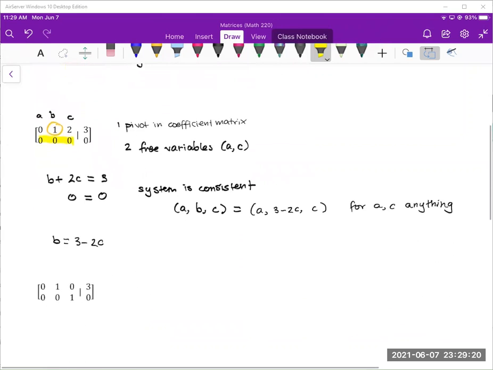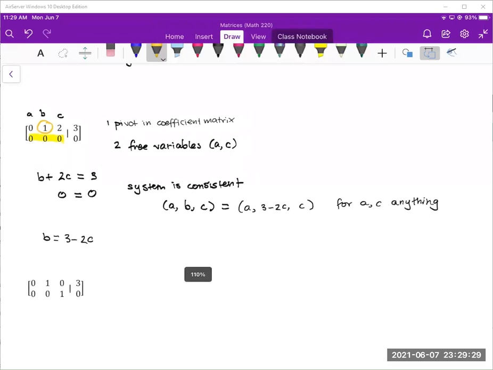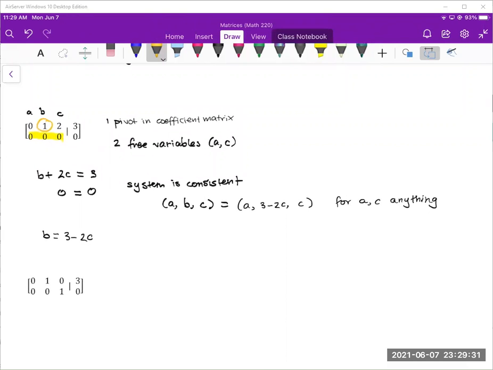The next example we're going to look at is very closely related. Here, if we look at our pivots, we've got a pivot in the first row and a pivot in the second row, this time left of the augment. So this has two pivots in the coefficient matrix.